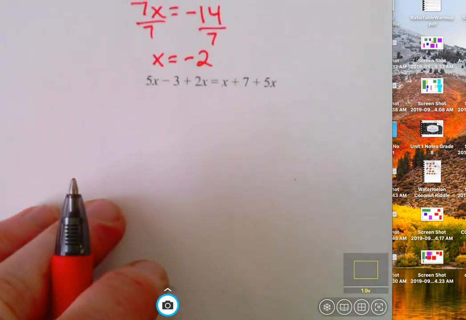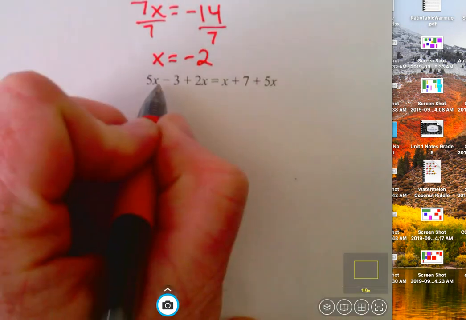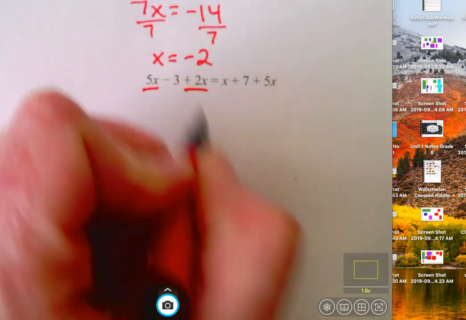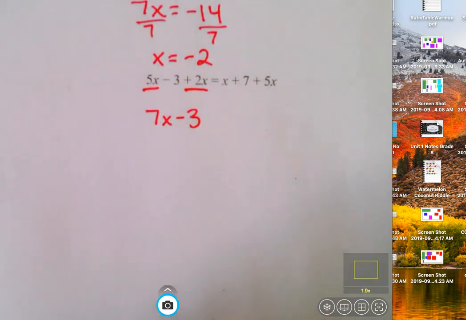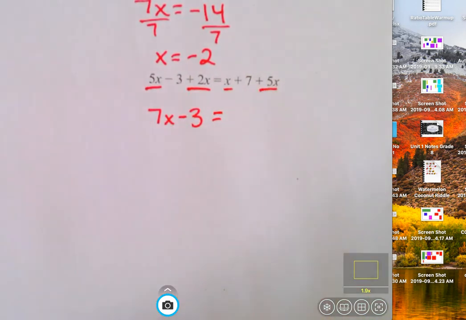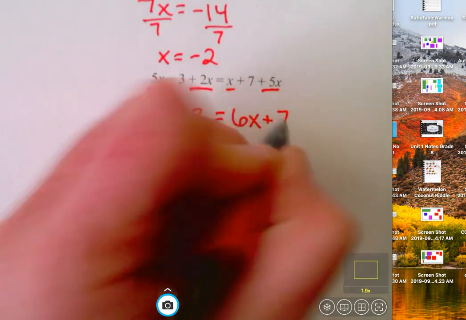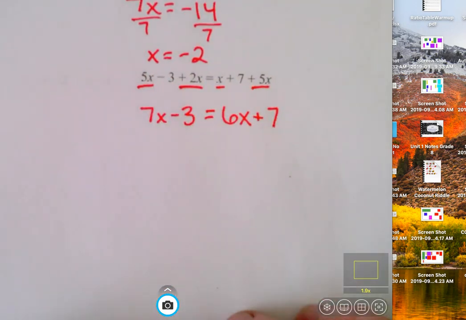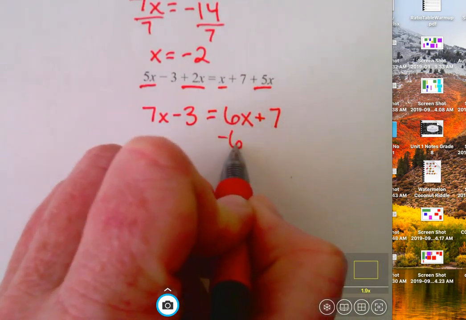All right, last one. We're going to combine like terms, so I have 5x and 2x, a positive 2, so that's 7x. I have an x and positive 5x, so that's 6x. Okay, we want to get rid of x on one side, so I'm going to subtract 6x.